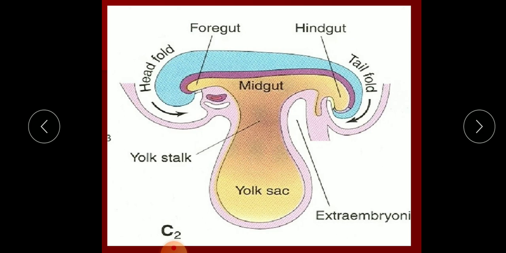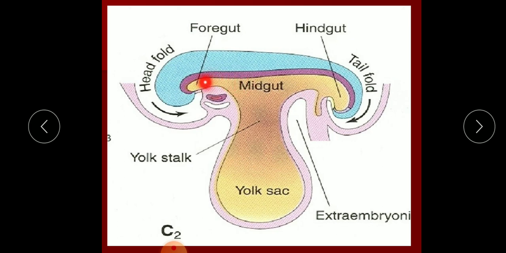So this development of GIT starts with the folding of embryo. I think you are very well aware of the folding of embryo. You find two foldings developing, one head fold, then a tail folding, and two lateral foldings. As a result of this folding of embryo, you find the endodermal layer. You remember the endodermal layer? Okay.